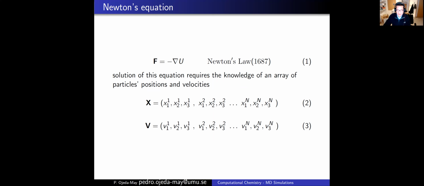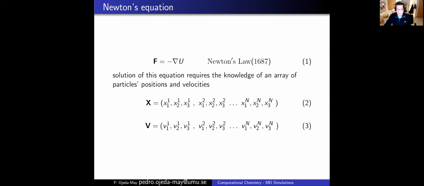In particular, we can pass the positions and the velocities to this equation. So everything will be deterministic if we specify the positions and the velocities of the particles just at the beginning, and then everything will be solved by integrating this equation here.